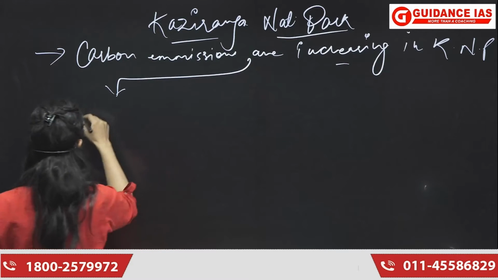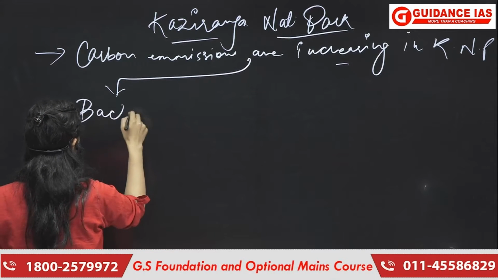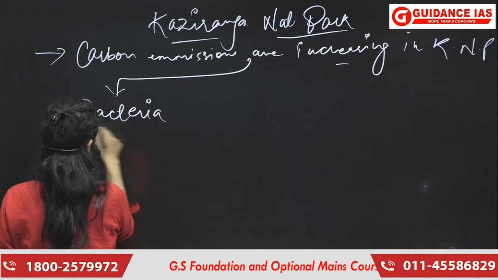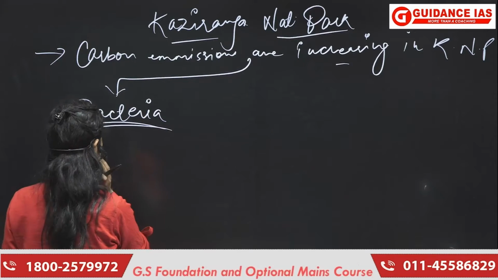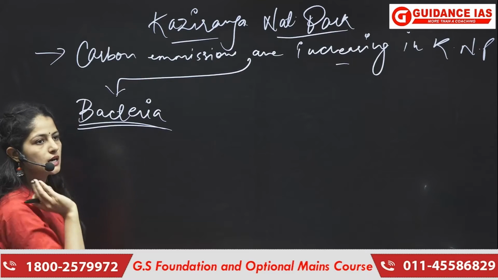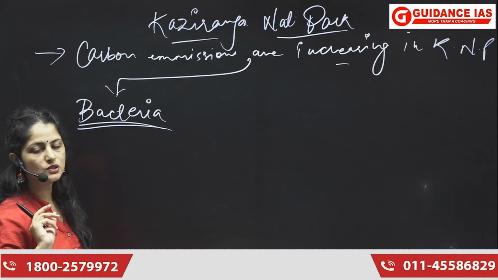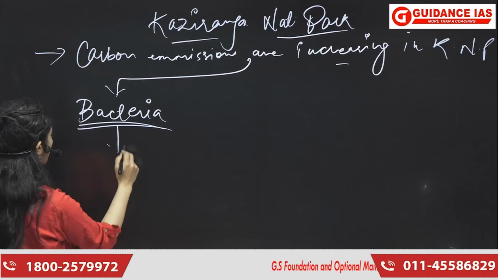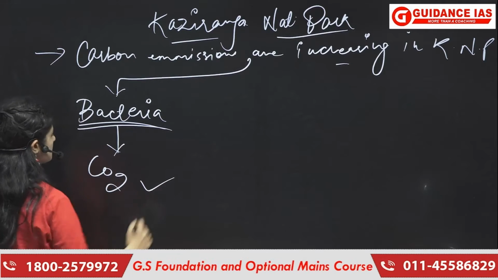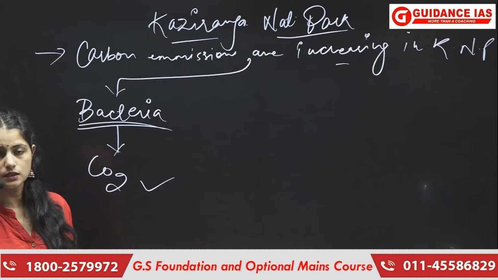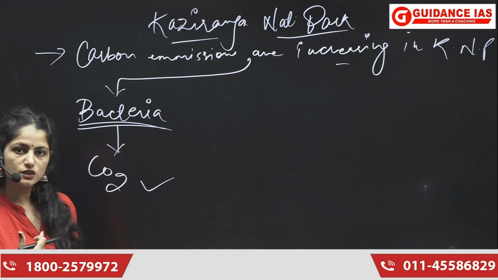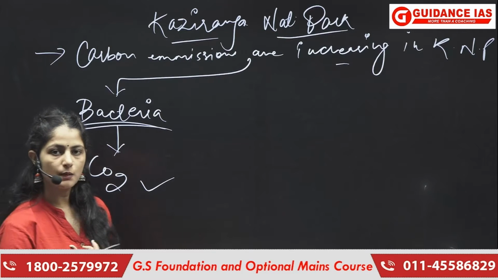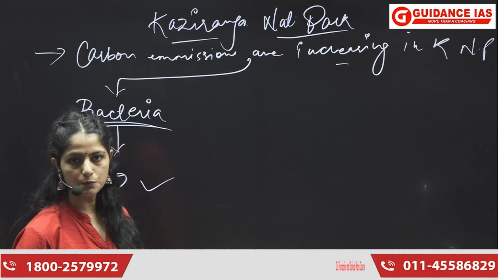So what is the primary reason? The primary reason is bacteria. The report says that there is a bacteria found in Kaziranga National Park, and while it breathes, it is releasing carbon dioxide into the atmosphere. The population of this bacteria there has increased, and while it is breathing, it is releasing carbon dioxide, and that is why the amount of carbon dioxide is increasing in that particular area.